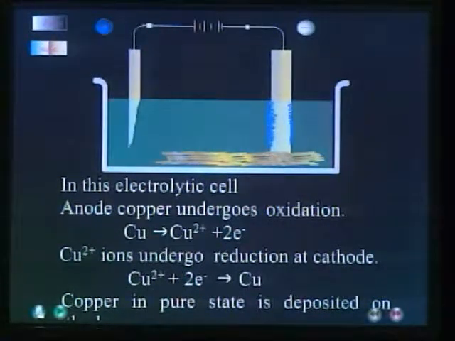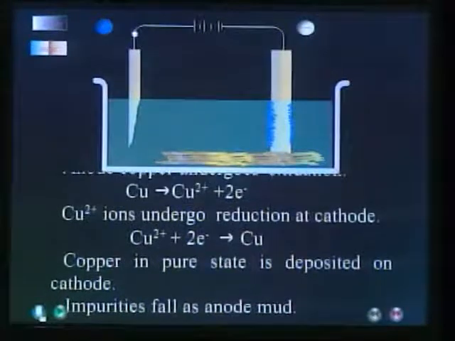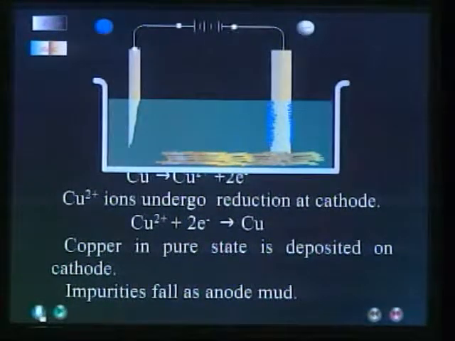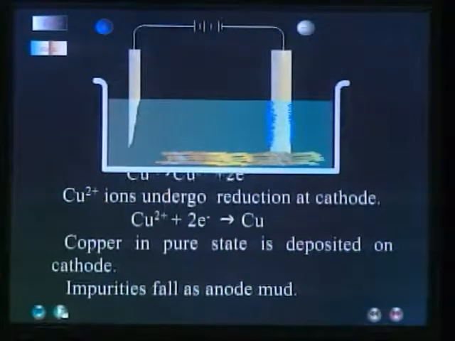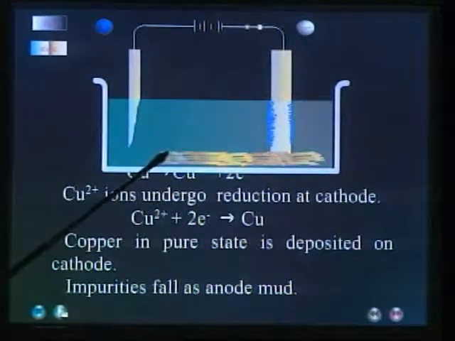The Cu2+ ions undergo reduction at the cathode to give pure copper, which can be written as Cu2+ + 2e- gives rise to Cu. Pure copper is deposited on the cathode. The impurities present in the anode fall as anode mud at the end of the electrolysis.